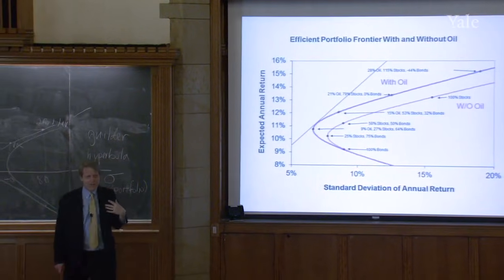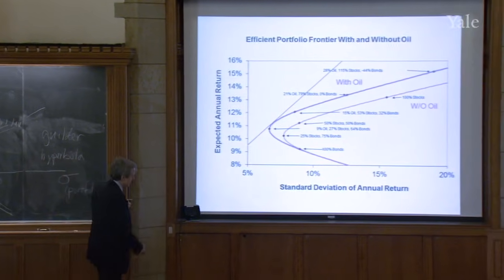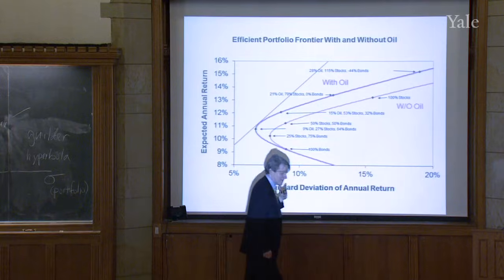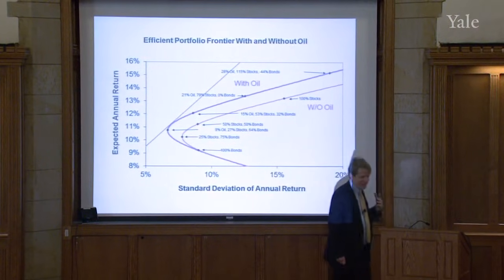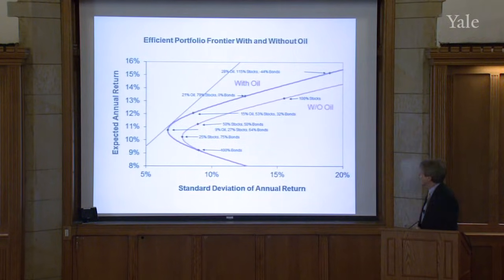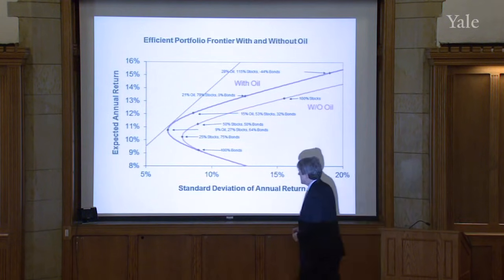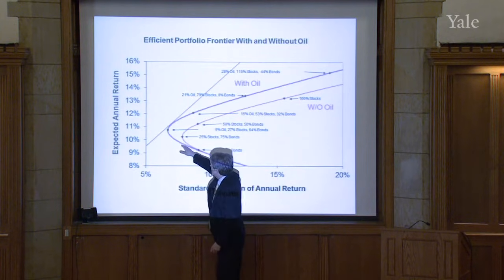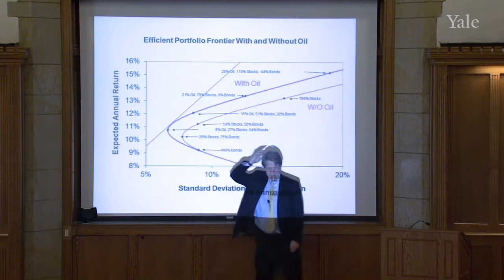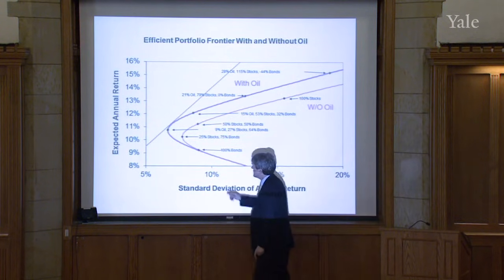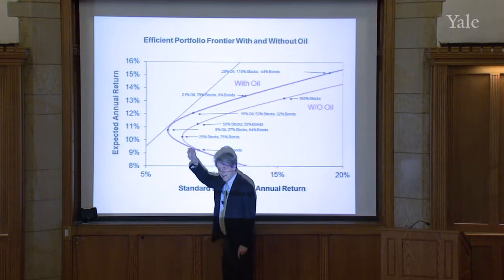Oil doesn't correlate very much with the stock market. So we're spreading the risk out over more assets. We're putting more eggs in our basket, okay? And so we have a better choice set now, right? We can pick any point on that blue line. And so we shouldn't just have stocks and bonds. We've learned we should have stocks, bonds, and oil.